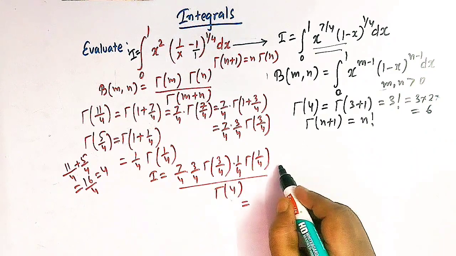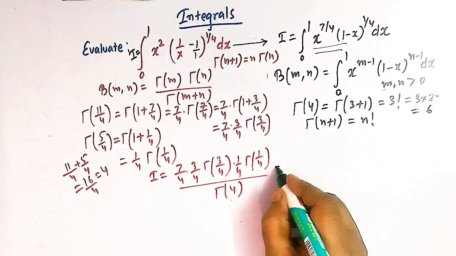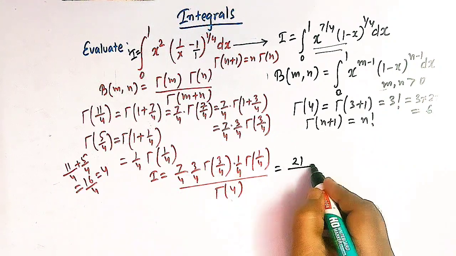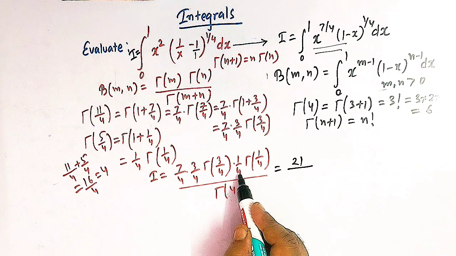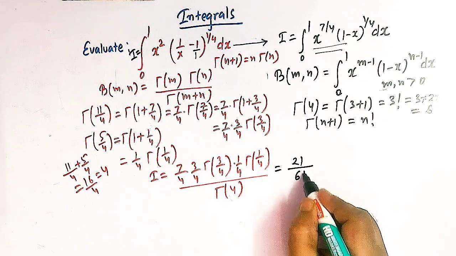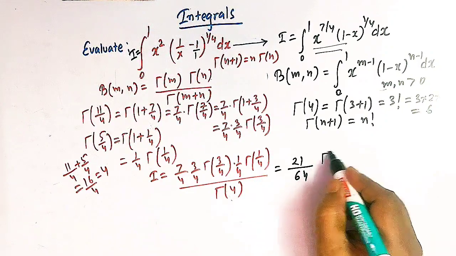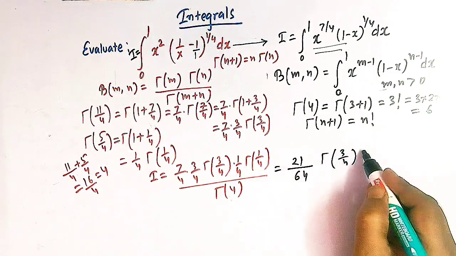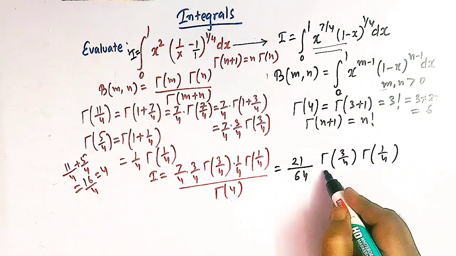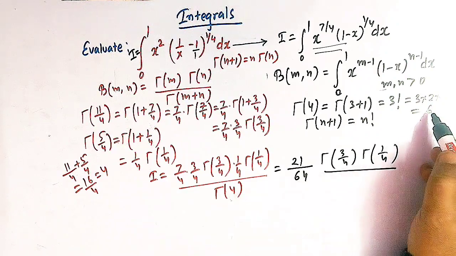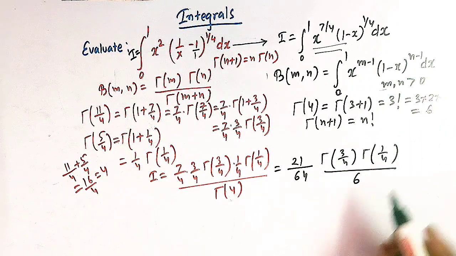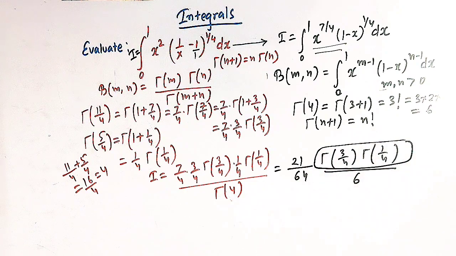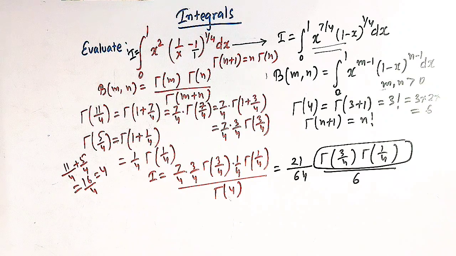So now here we can write 7 times 3 is 21, and 4 times 4 times 4 is 64, and then we have gamma of 3 by 4 and gamma of 1 by 4, and here gamma of 4 is 6. Now we can express this quantity by using Euler's reflection formula.